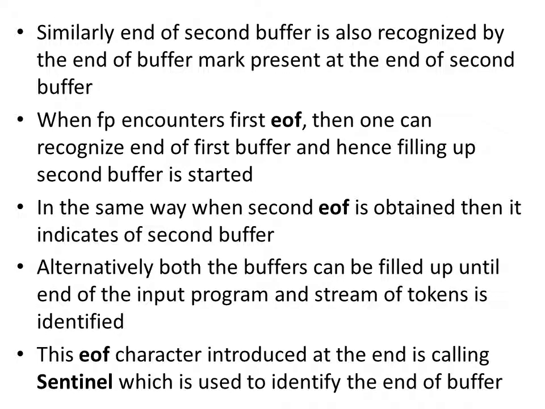Special symbols which are contained in the high level language. Arithmetic symbols, we know that: plus, minus, modulo operation, multiplication symbol and division. Punctuation symbols: comma, semicolon, dot, arrow; these are called punctuation. Then assignment: equal to is the assignment.